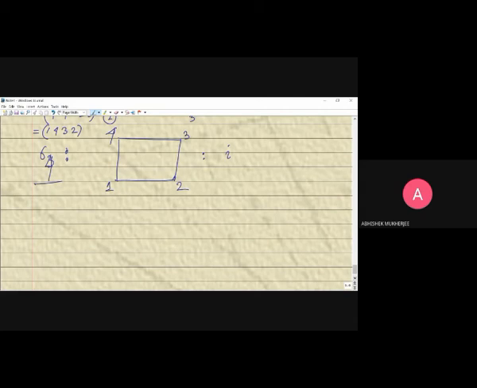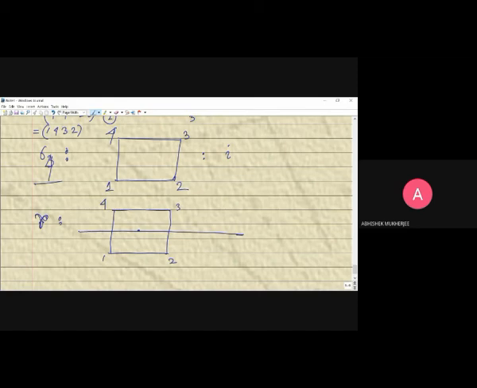Yes, because R. What is R? R is the reflection. That is, suppose it is your square. That is 1, 2, 3, 4. And this is your center. And you take the horizontal line through the center. Now take a reflection with respect to this line.